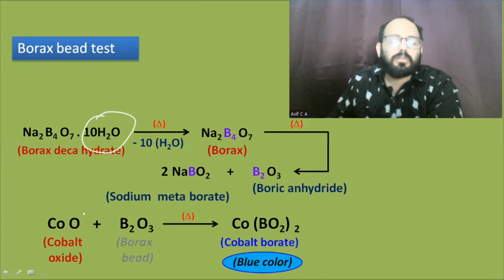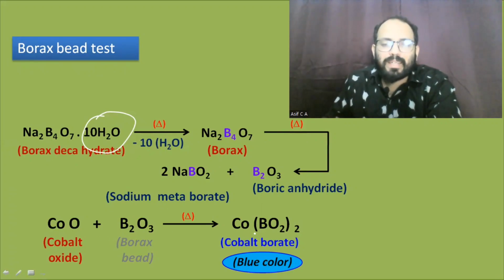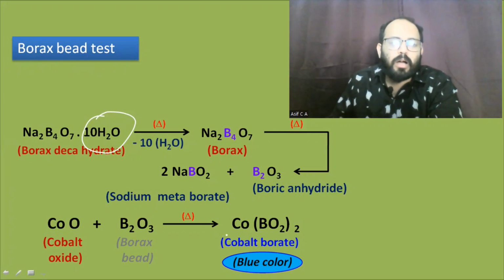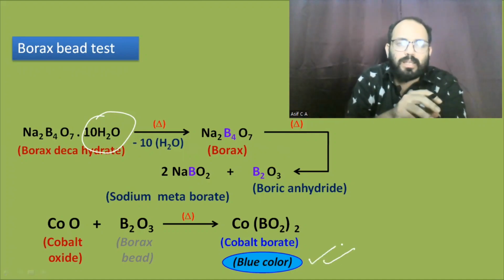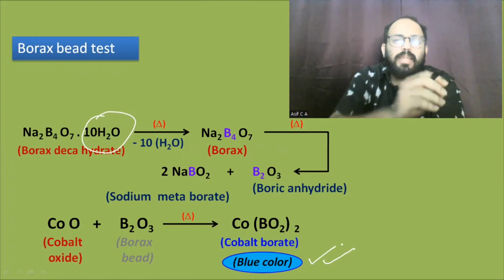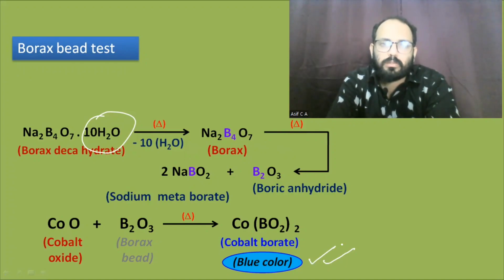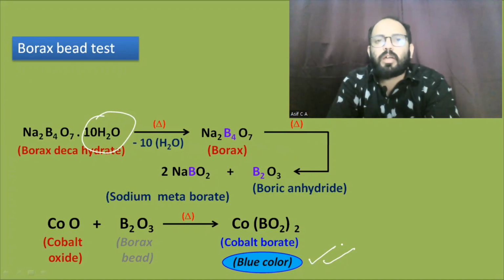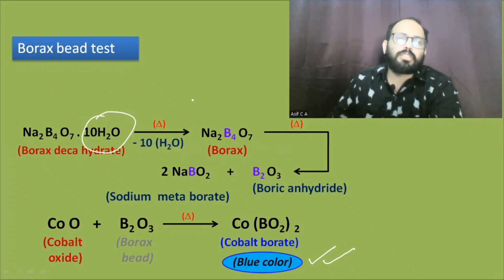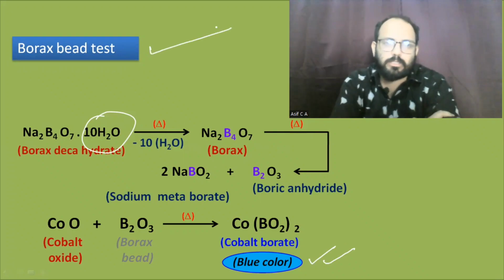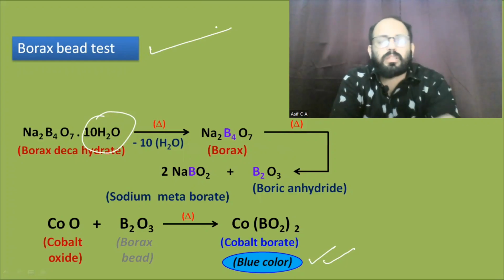If we treat the oxide of cobalt with this borax bead, we get cobalt metaborate, and its color is blue. So if blue color comes when the oxide of cobalt reacts with borax bead, we get the idea that this is cobalt. This is the borax bead test.